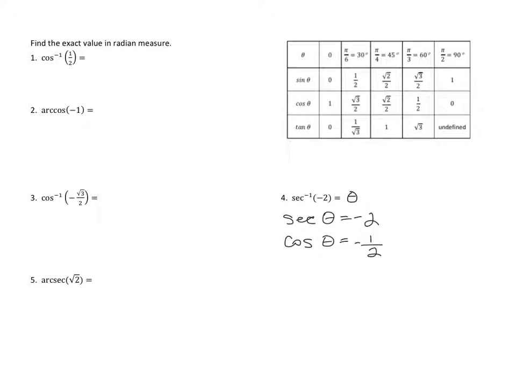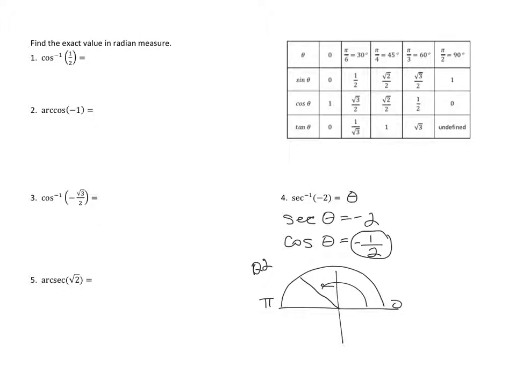Okay, we get a negative. We know that it's restricted between 0 and pi. Since cosine right here was negative, we know it's going to be a quad 2 angle. So this is quadrant 2. All right, we need to find theta. Let's use our reference angle. Where's cosine equal to 1/2?